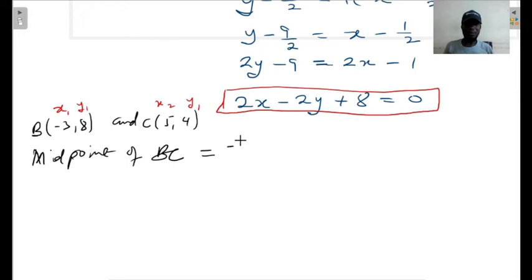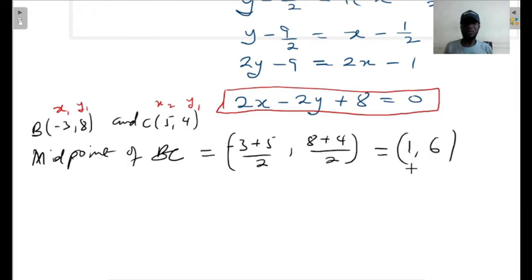That will give us -3 plus 5 all over 2 and 8 plus 4 all over 2, and this will give us 2/2 is 1, and then this is 12 divided by 2 is 6. So this is the midpoint of the line BC.